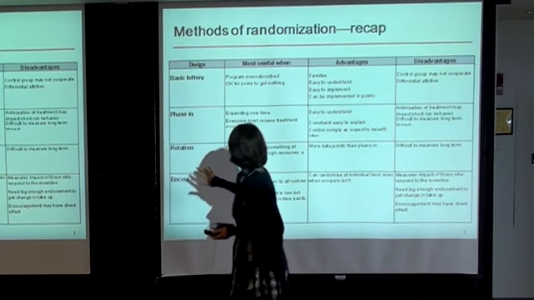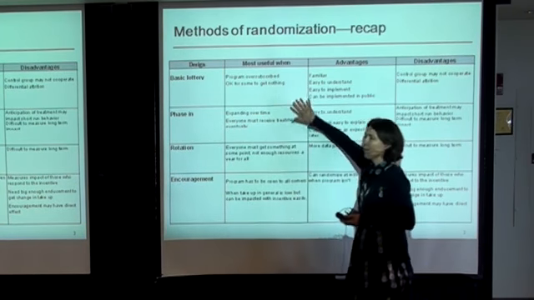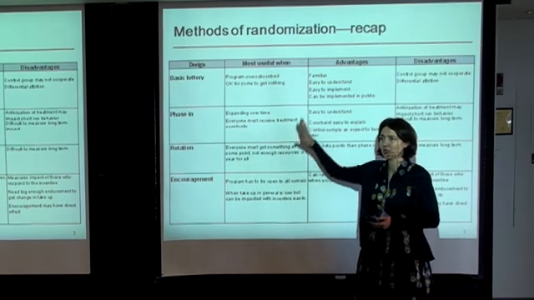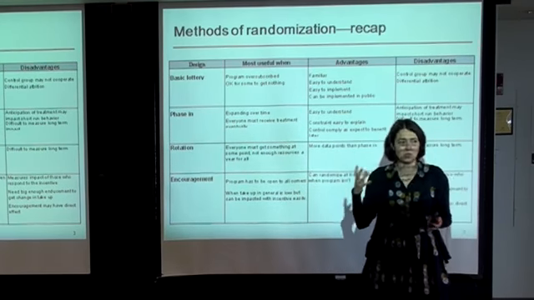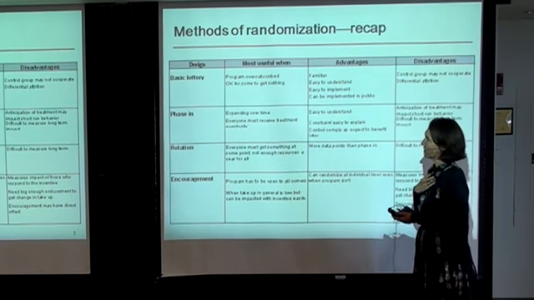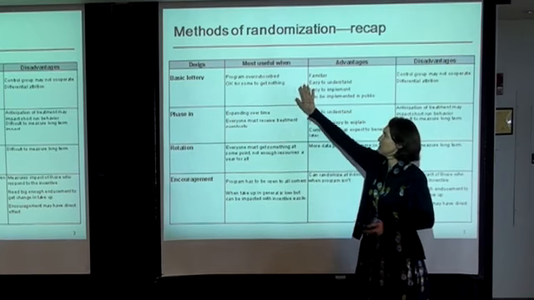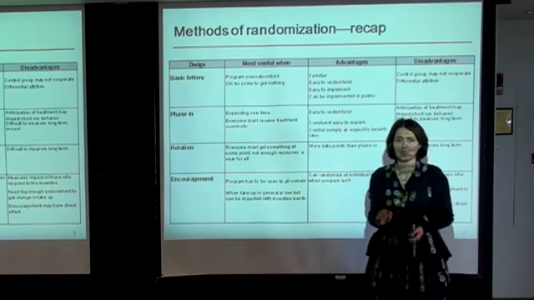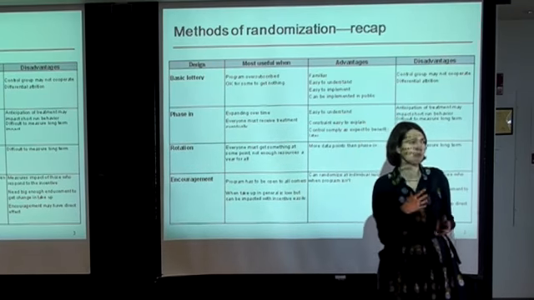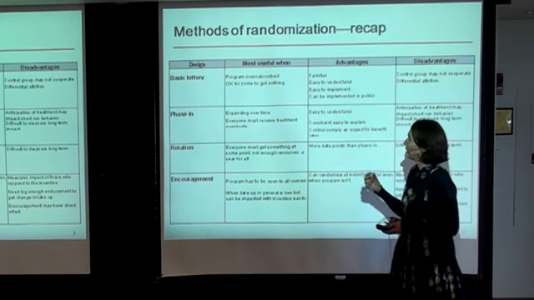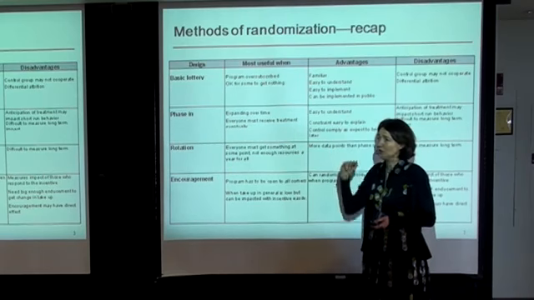That's right. So let's think about when those are useful. How do you decide which of those to use? A basic lottery is very natural to do when a program is oversubscribed. So when you've got a training course and more people have applied for the training course than you've got places for.